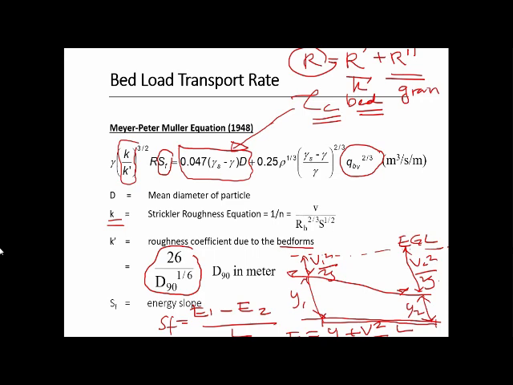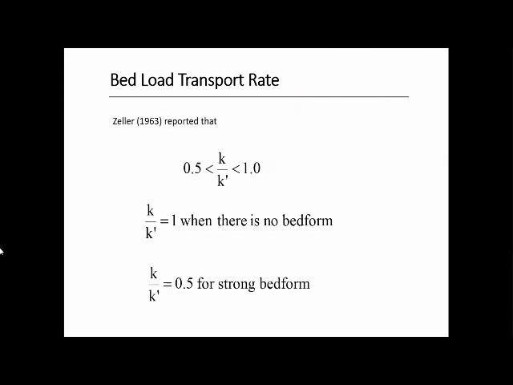Okay, your D90. Right. So Zeller in 1963 simplified this, and they reported that actually the K over K prime, which is the Strickler roughness over the roughness that is due to the bed form, is actually between 0.5 and 1.